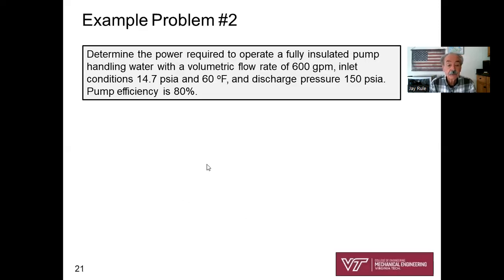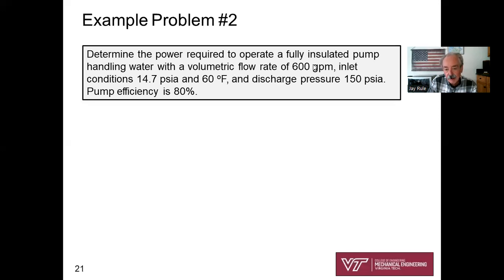Okay, here we go. Determine the power required to operate a fully insulated pump handling water with a volumetric flow rate of 600 GPM. Inlet conditions 14.7 psia and 60 degrees F. Discharge pressure 150 psia. And pump efficiency 80%. Now let's see what's different about this problem.